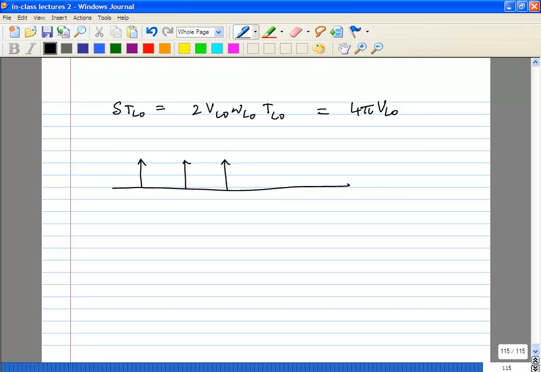You can think of this impulse train sampling your noise function. Effectively that's what's happening here. Times, this is TLO over 2.